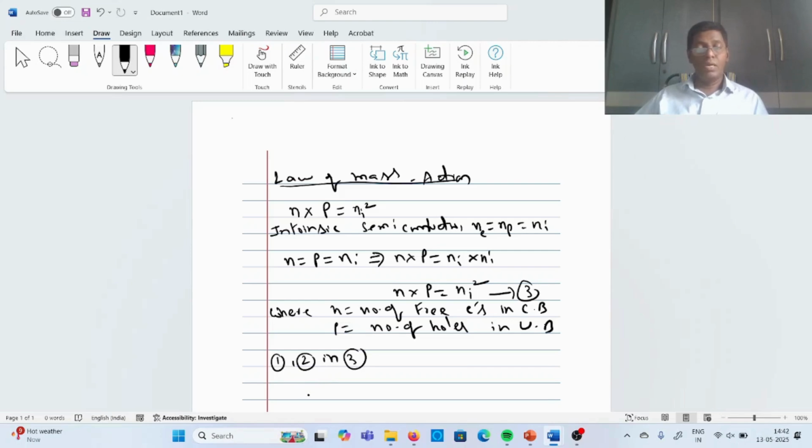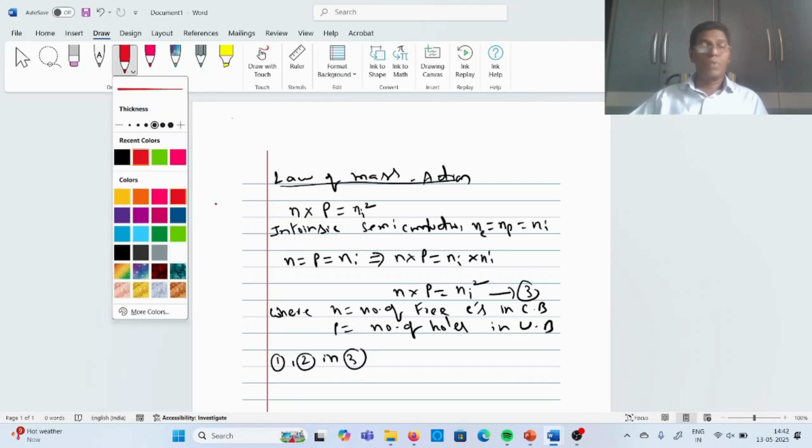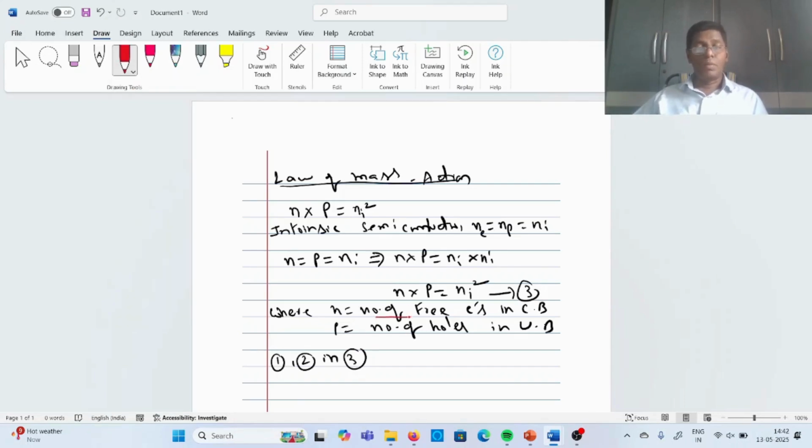What is the meaning of N? Number of electrons in the conduction band. That can be written mathematically as Nc into e power minus of Ec minus Ef divided by kBT.